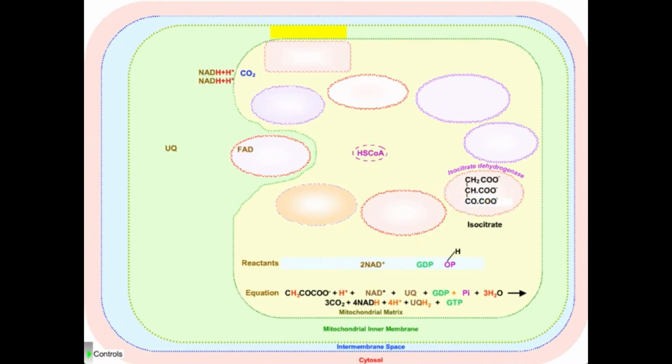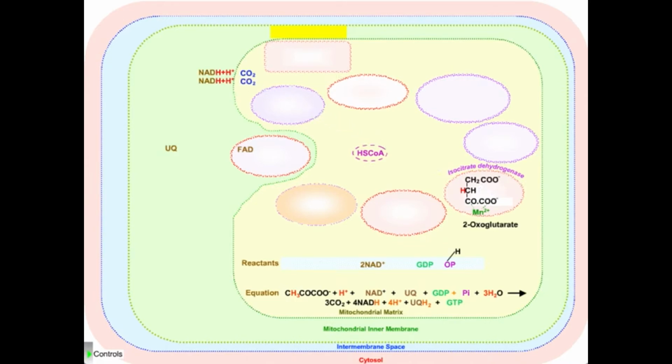Along with NADH, CO2 is also produced from the loss of the central carboxyl group. High levels of ATP and NADH will inhibit the isocitrate dehydrogenase enzyme. This is a highly exergonic reaction with a delta G of negative 20.9 kilojoules per mole.